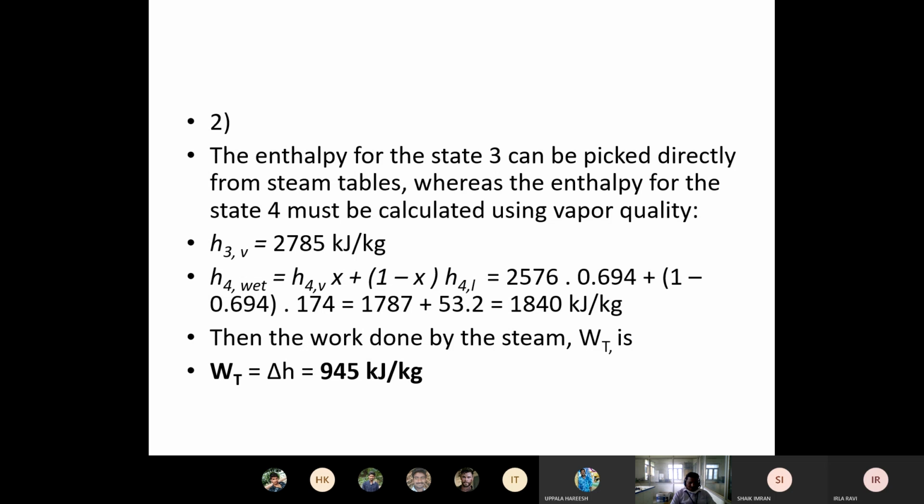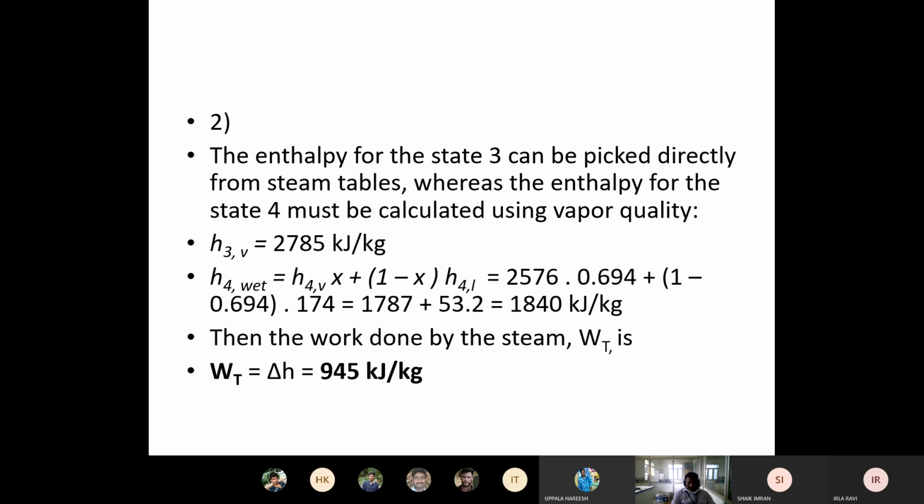Here you can see H3, comma V. He is mentioning V. What is the meaning of that V? That is the meaning of pure steam, Hg, dry and saturated steam. Okay, after expansion, dryness fraction will be reduced. That is why we mention wet steam, H4.